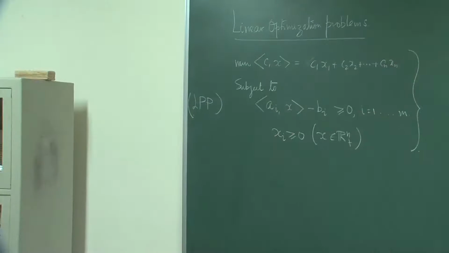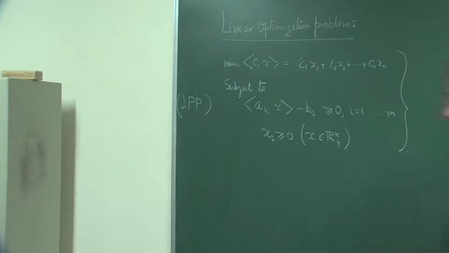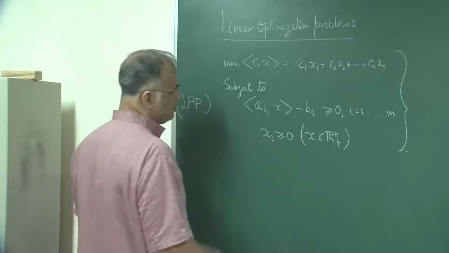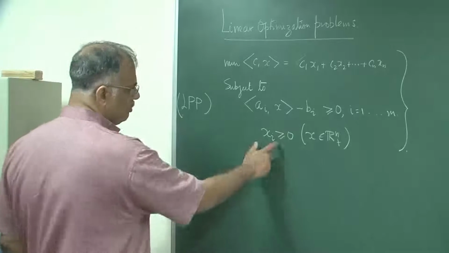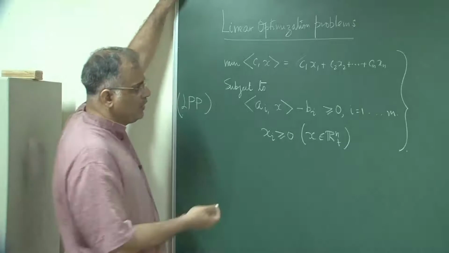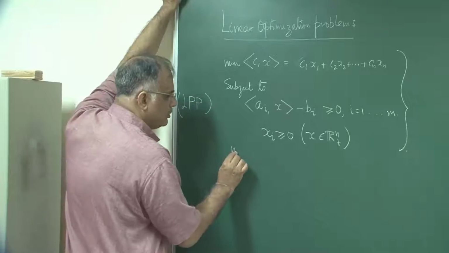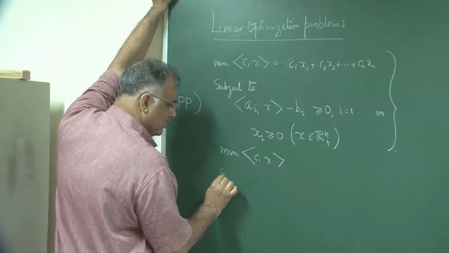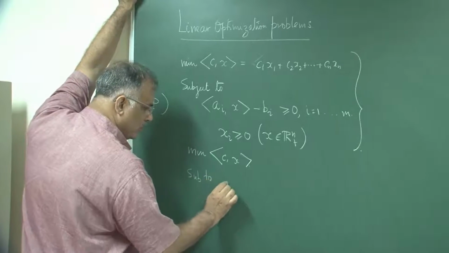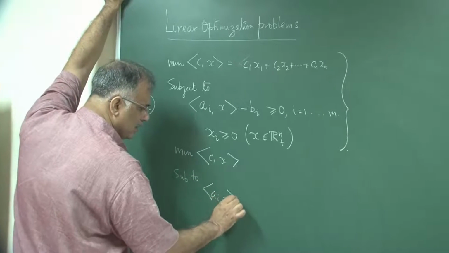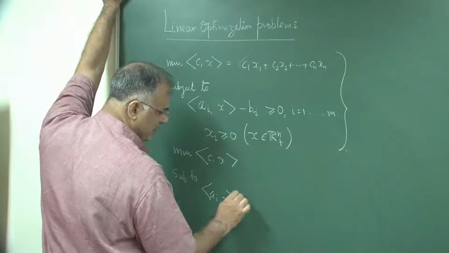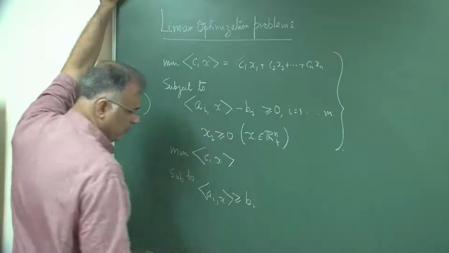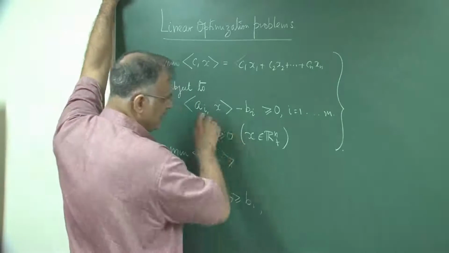So this is a very important class of problem, and in finance in many cases this is quite a standard thing which will appear. It may or may not appear always, but it will appear in many cases. There could be another case where you can write this as minimize c x subject to ai x greater than or equal to bi, if you feel that is more comfortable, but it looks nice rather than writing it this way.